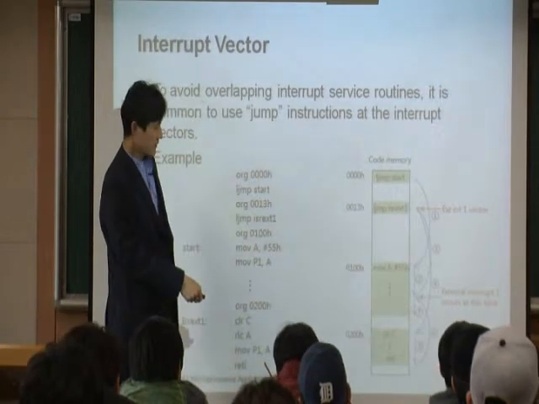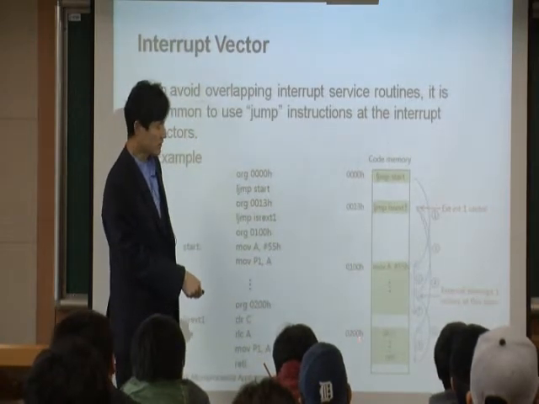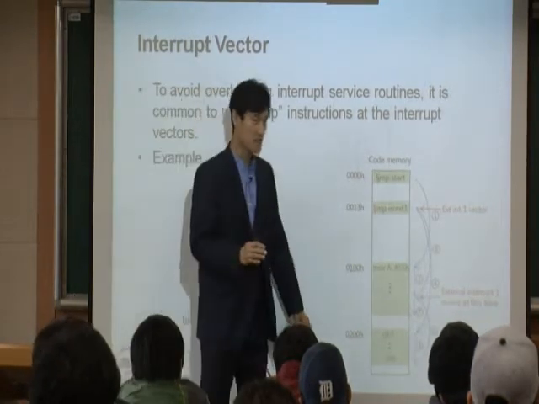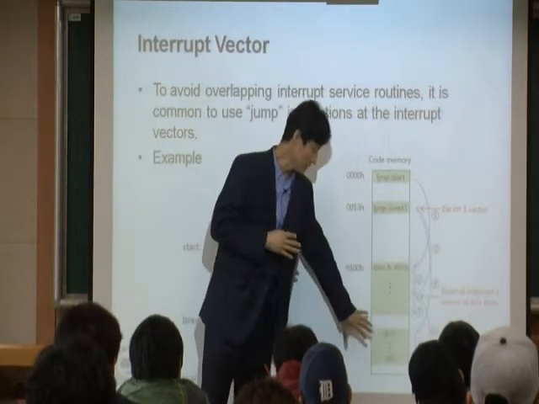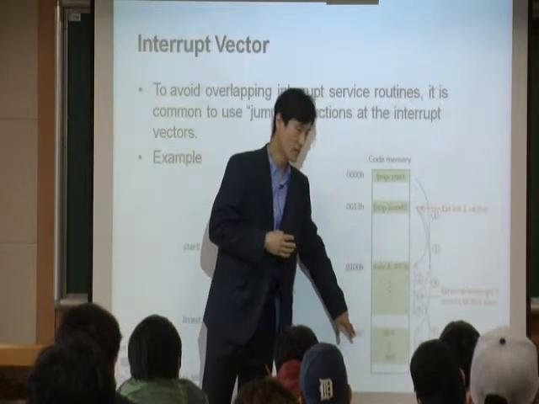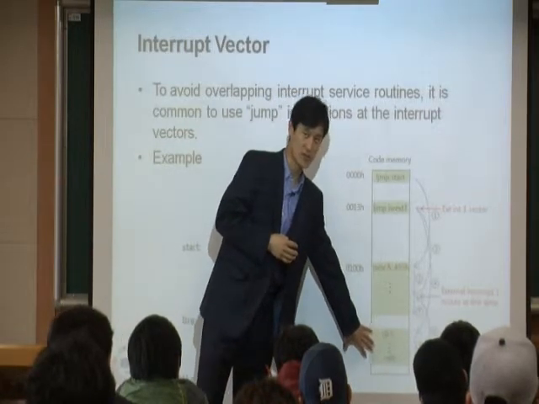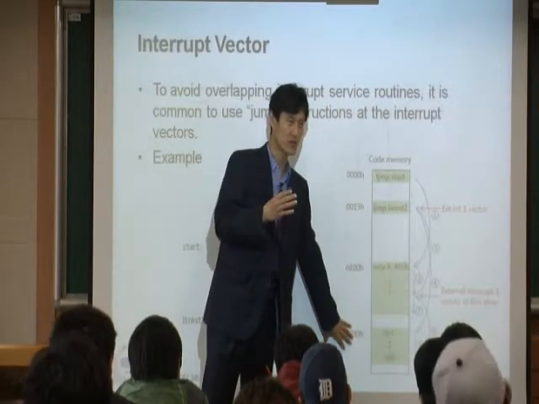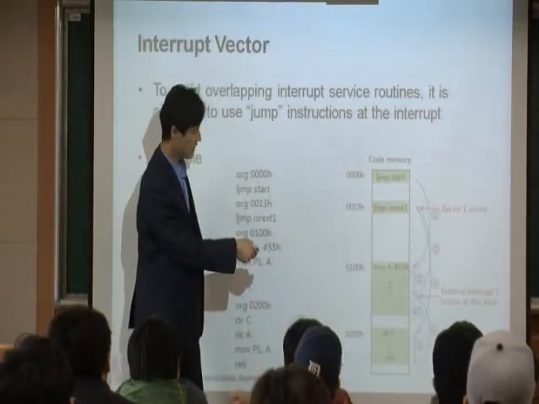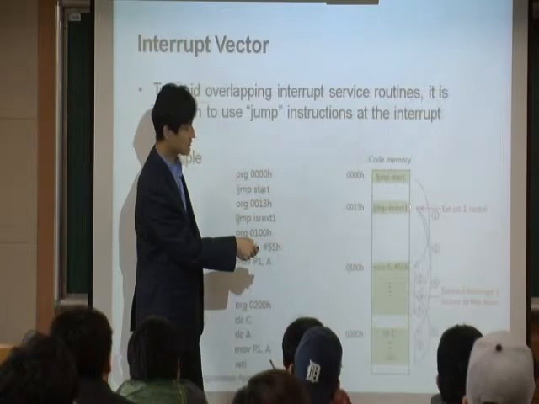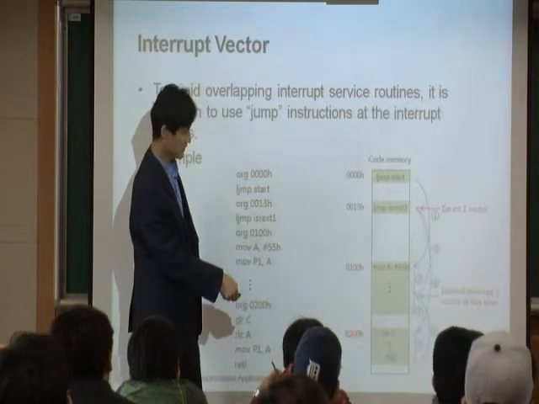Same here. You can place your interrupt service routine any place. This is just an example where I placed my interrupt service routine at 200H, but you can place this interrupt service routine at 1000H, 2000H, wherever you want. It's okay, as long as you have the right label here. Okay, this one is basically a label.